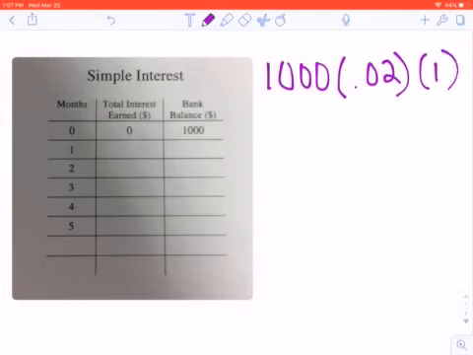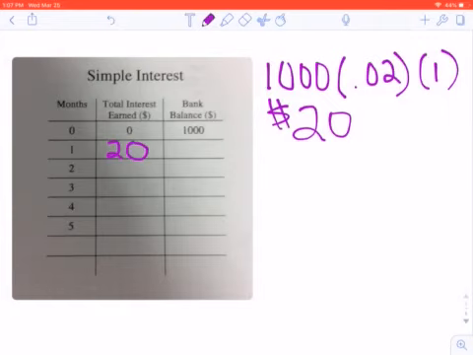If you have a calculator on your iPad, go ahead and calculate that. If you have your own calculator, please do it, or use your phone calculator. But 1,000 times 0.02 times 1 is going to come back as $20. So after 1 month, he would have earned an extra $20. So for month 1, total interest earned was $20.